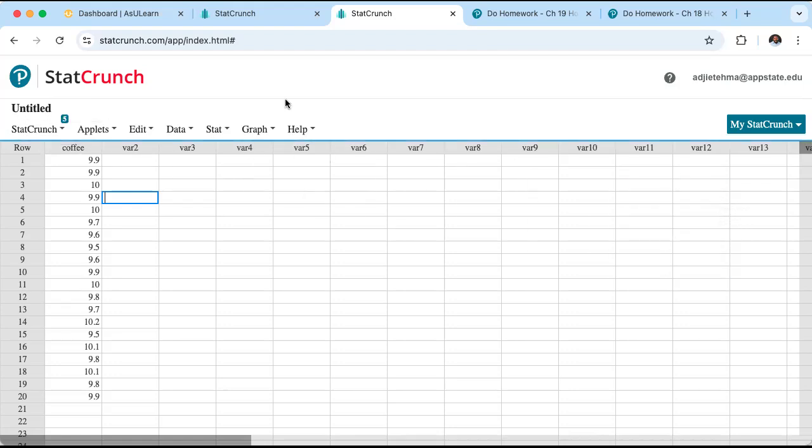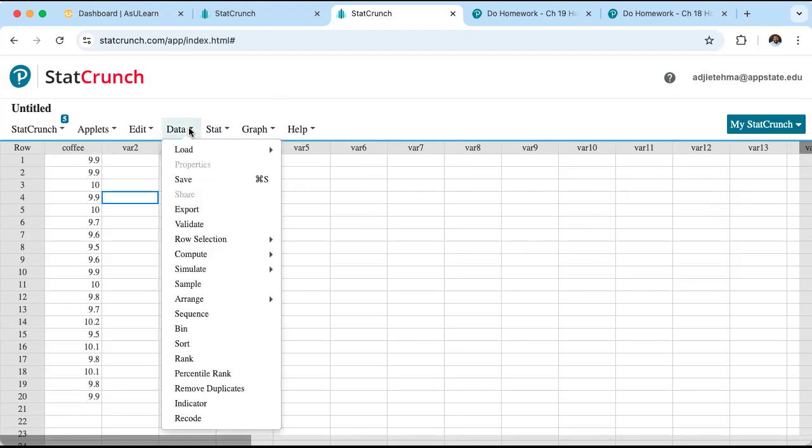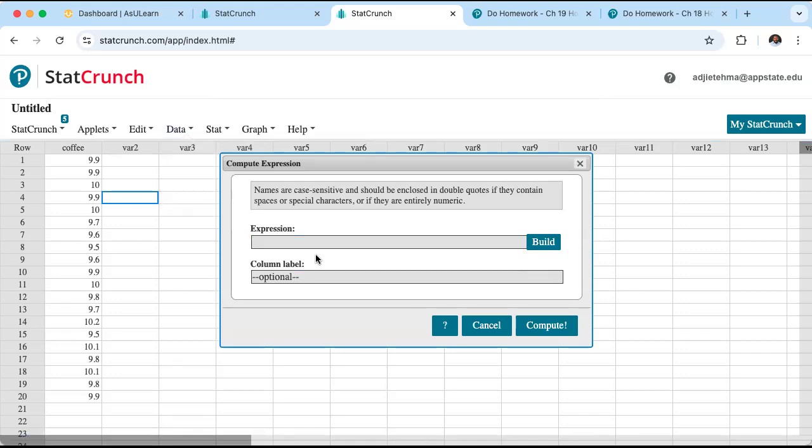To do it, let's go to data, compute, expression. Data, compute expression. I click on that and then I go to build.